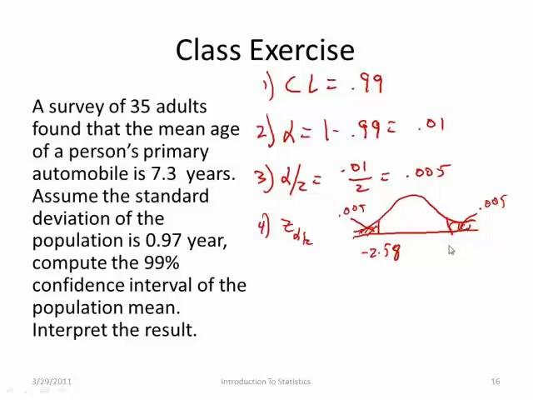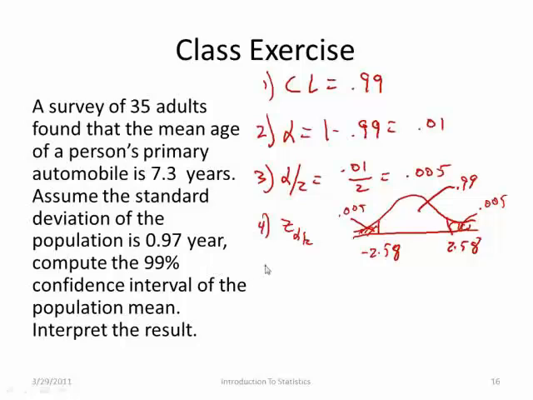And so this one here by symmetry must be 2.58. And we know that this confidence level is 0.99. See how it's all kind of adding up here and breaking apart and adding up?